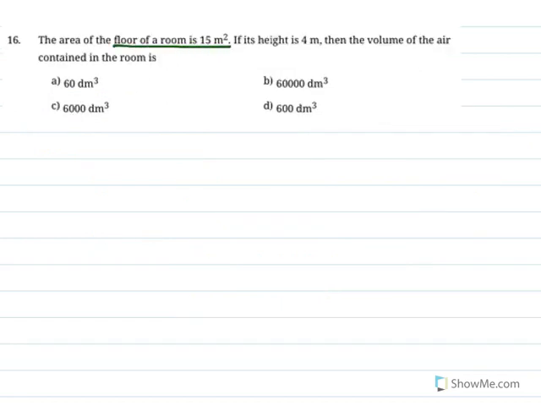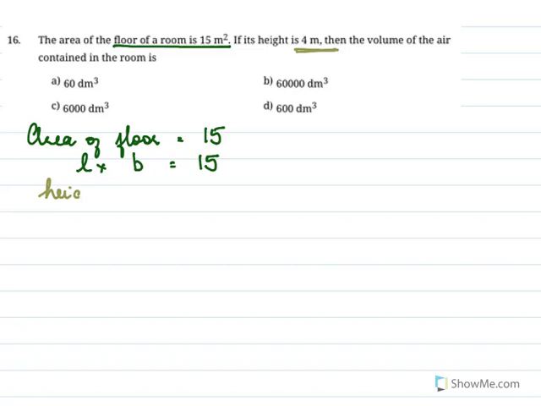The area of the floor is 15 centimeter square. So area of floor equal to 15. Now the floor is length into breadth, so length into breadth is 15. And the height, they said, is 4 meters.